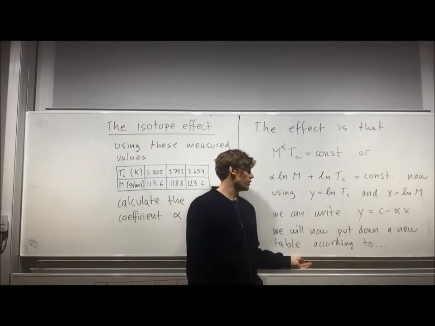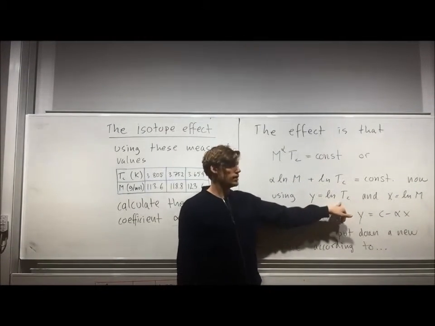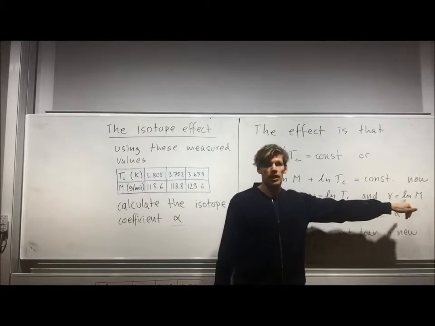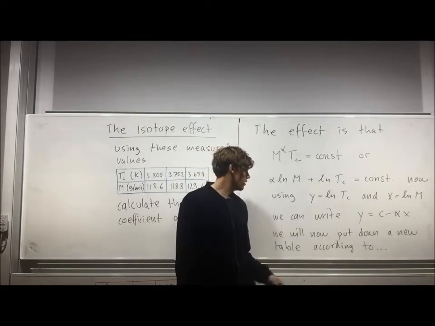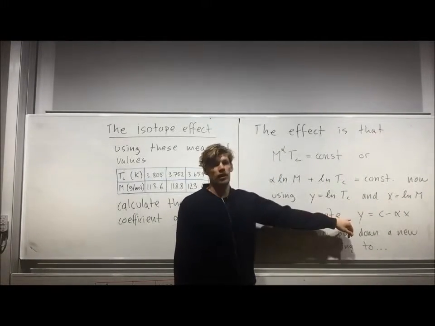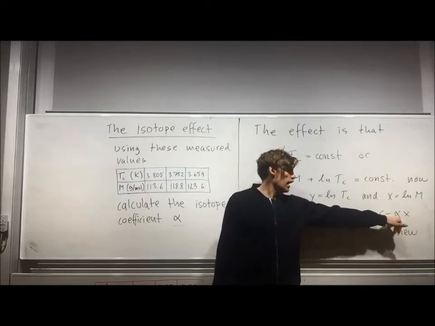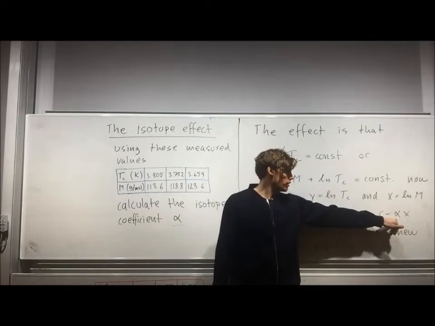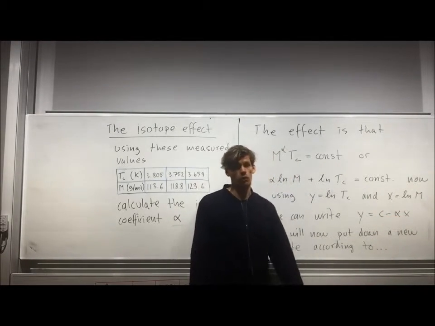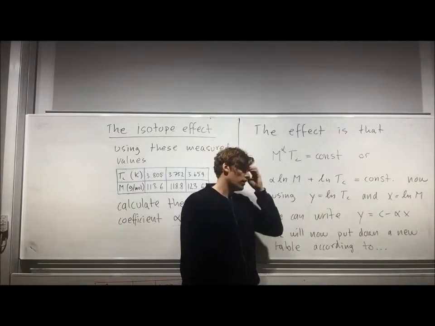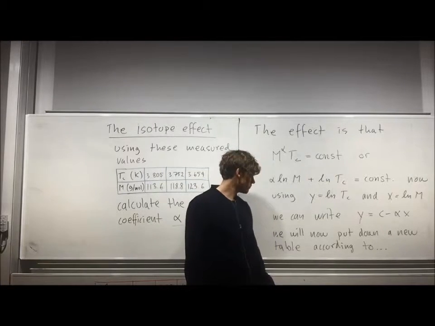Using y equals ln Tc and x equals ln m, we can write a linear relation for this isotope effect, where the alpha coefficient, the isotopic coefficient, is simply the negative slope in this relation.